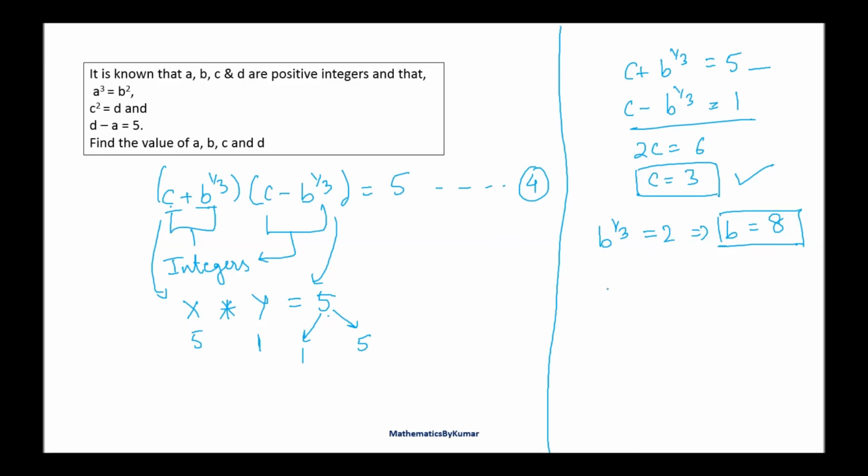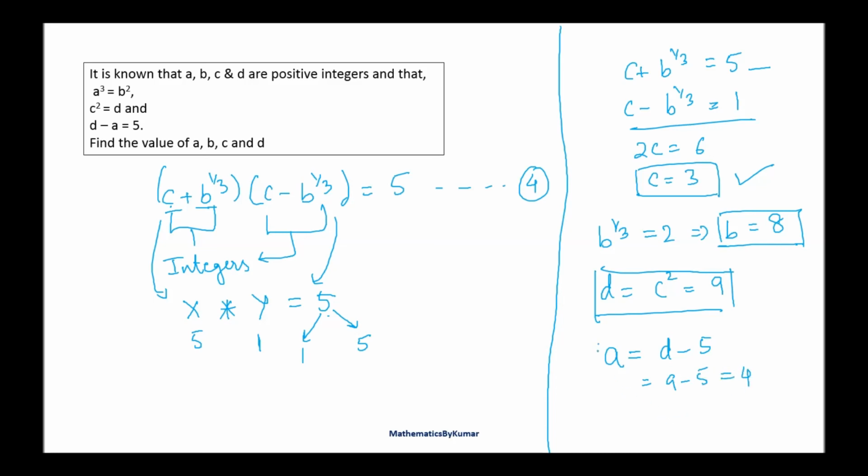Let me see if I can find the others. I know that D is C square, which is nothing but 9, as I know C is 3. And let's look for A. This is equal to D minus 5, so this is 9 minus 5 equal to 4.